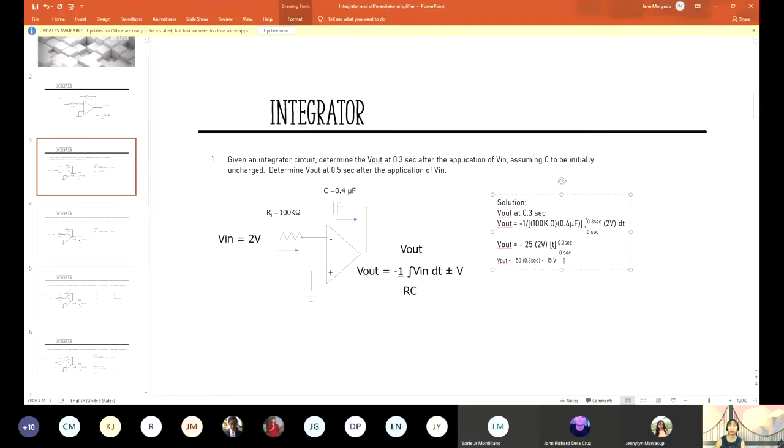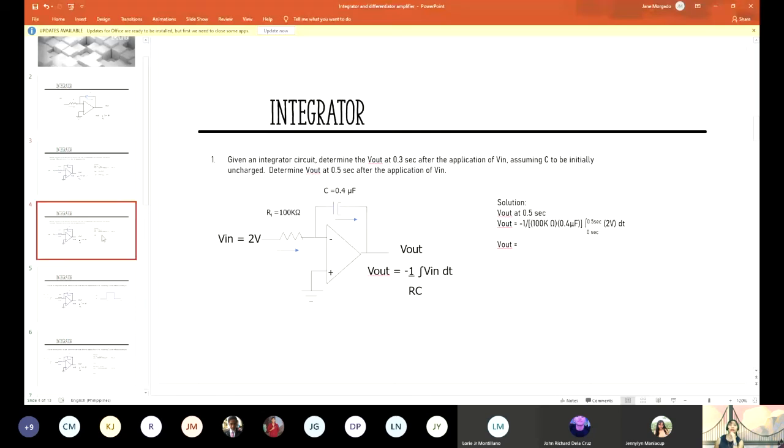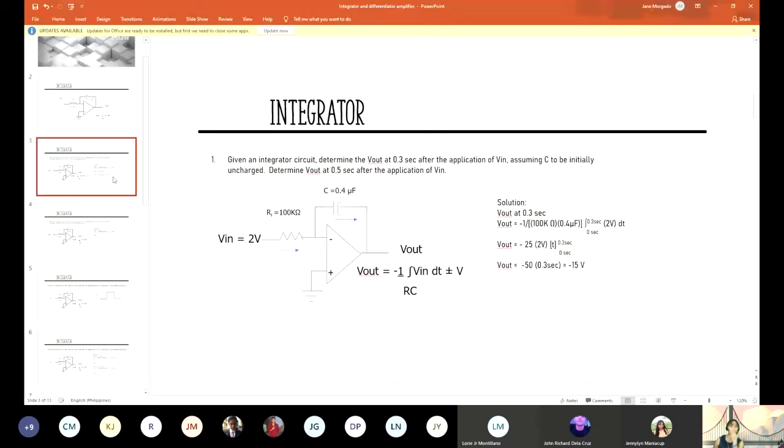Do we get the same answer? Yes, ma'am. So V out is negative 15 volts. For the second solution, at 0.3 seconds we expect an output of negative 15.